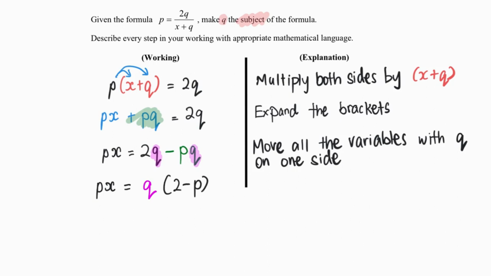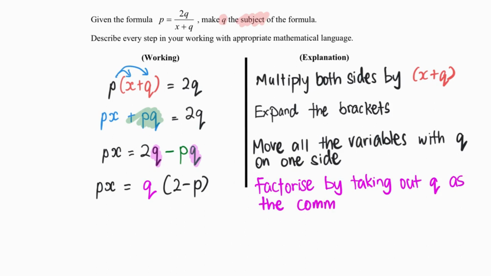So what are we trying to do? We factorize by taking out q as the common factor.